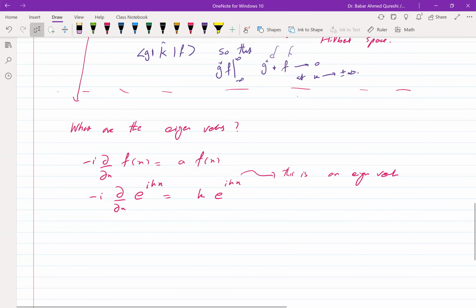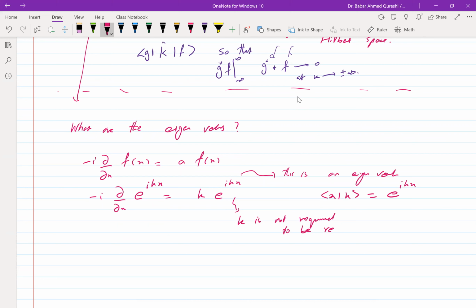And since I'm working in the x basis, this is just a vector |k⟩ whose components are e to the i k x, which we had just found. But nowhere over here does it say that k is real. k is not required to be real in this equation. Even if k is complex, this works.